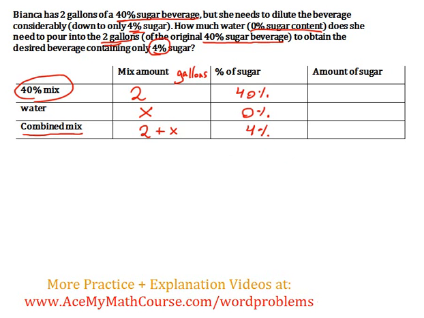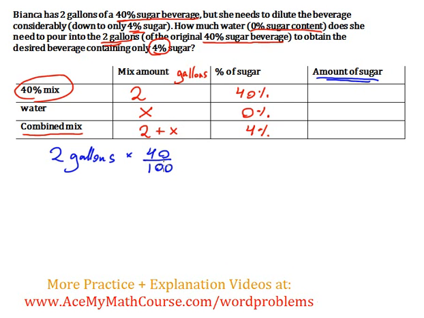Great. Now, we're progressing quickly, thankfully. And how do we get the total amount of sugar for each row? We can actually just multiply these. Well, 2 gallons of the 40% mix. So what I can do is just multiply by 40 divided by 100, because that's a percentage value, right?